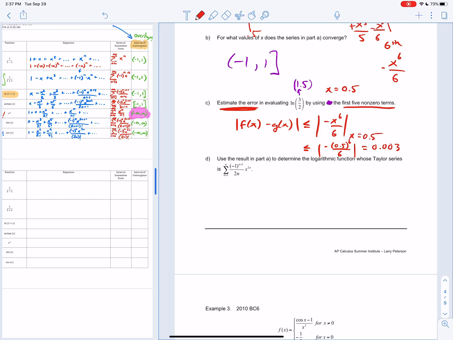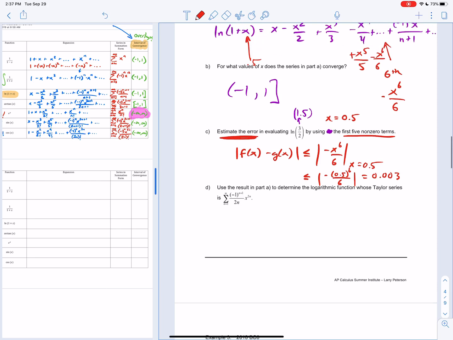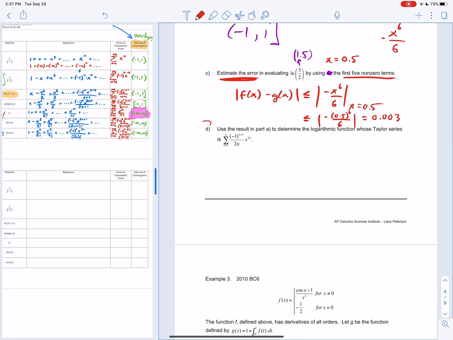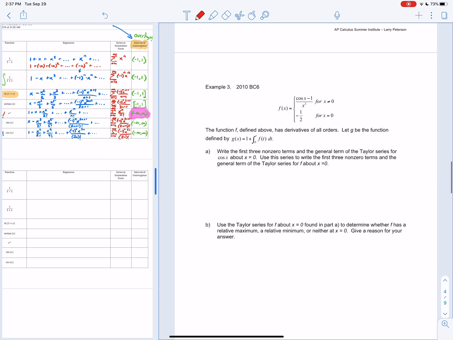So what that is saying is that if you were to approximate the natural log of 3 over 2 using the expansion, you would be really close to the point where the error is only 0.003. Okay? And that's it. Part D, we'll skip. We'll come back to that later.